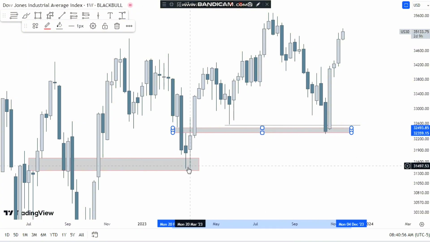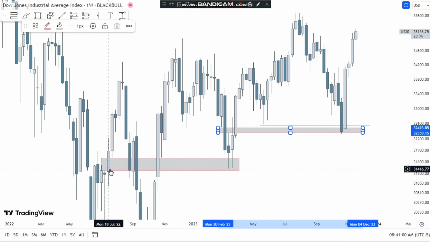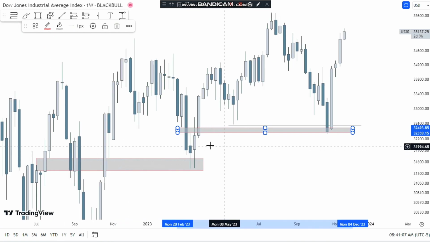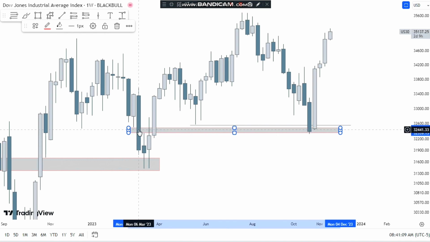Why didn't it sweep this point? Because there were no untested fair value gaps, there were no untested order blocks, no untested breaker blocks, and here there was an untested FVG of the breaker block. It got retested and the price went up. So that's why this is an important sell side liquidity point and not this one.